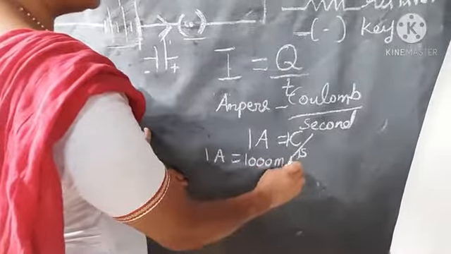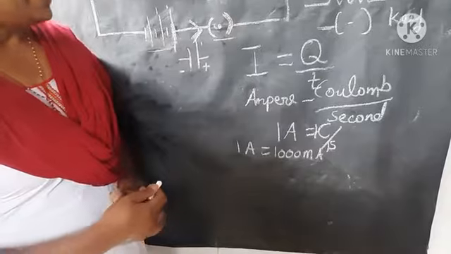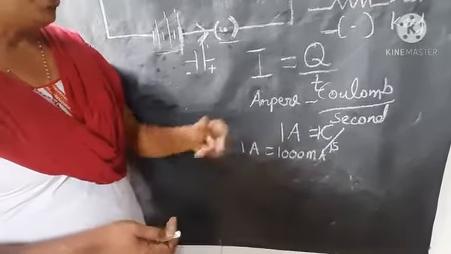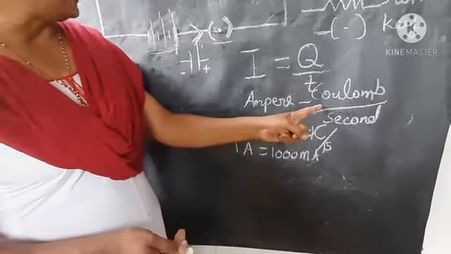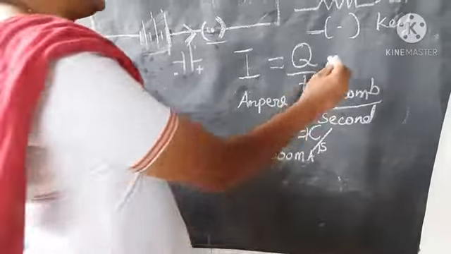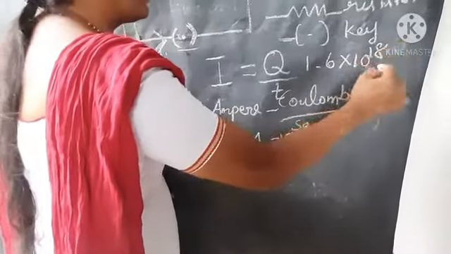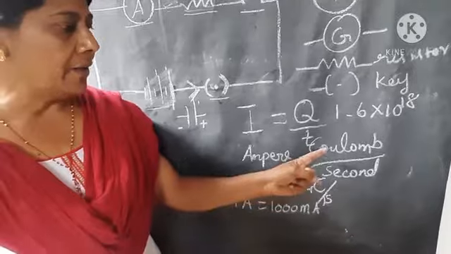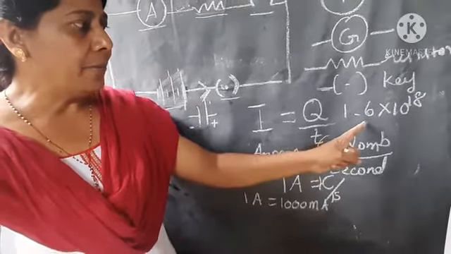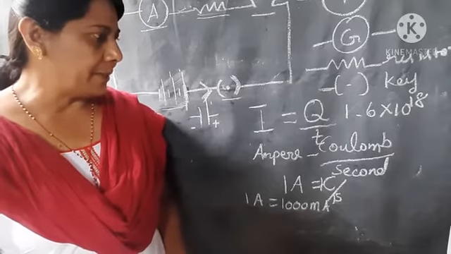Okay, dear ones, you have learned one formula, that is I = Q/t. In 1 coulomb of charge, there are 1.6 × 10^18 electrons present.